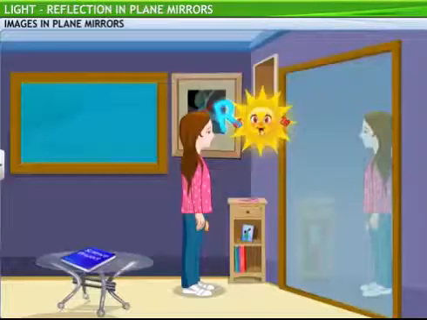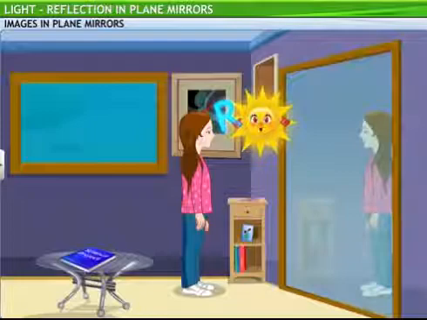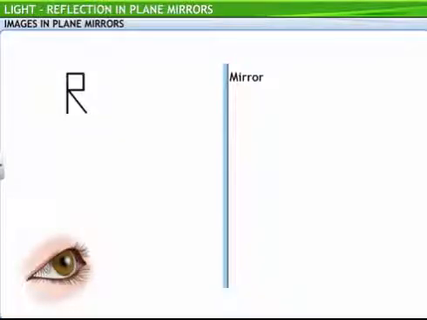Let's take the letter R and see how its image is formed in a plane mirror. Place the letter in front of a mirror. We can treat this as an object. We know that light from objects reflects from the mirror. Consider a point X on top of the object and a point Y at the bottom of the object.